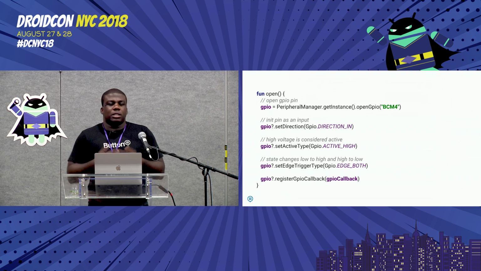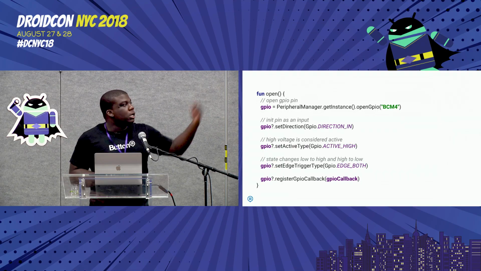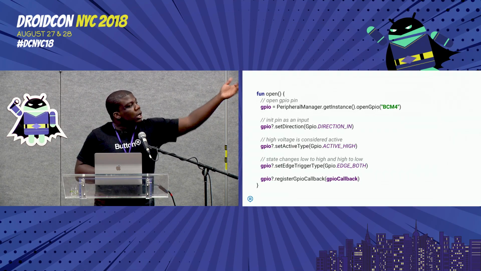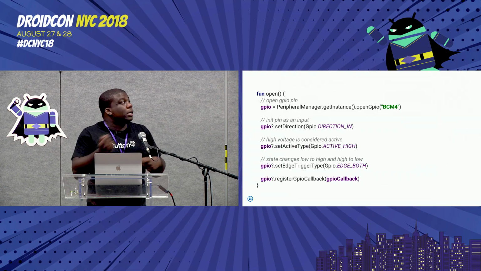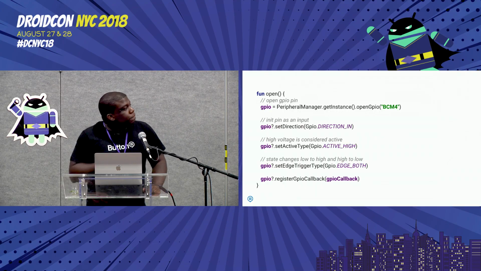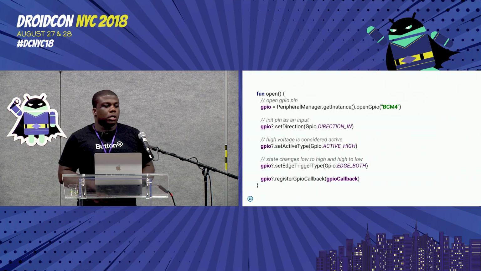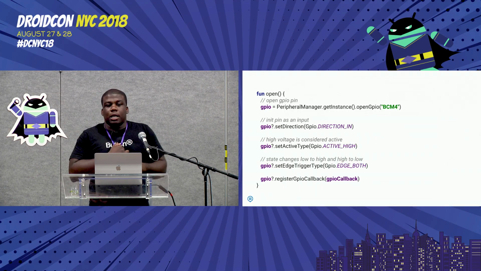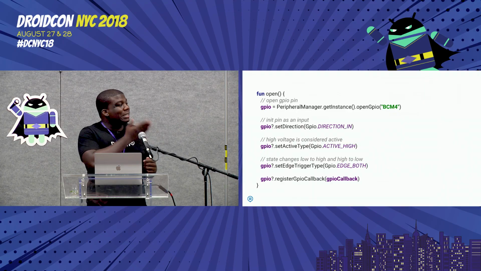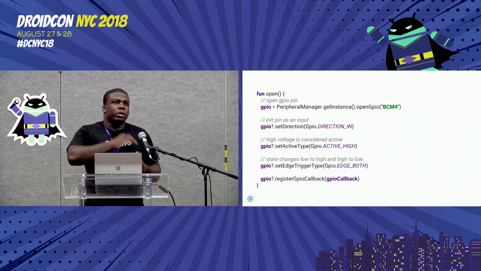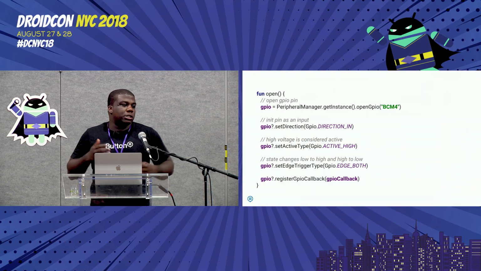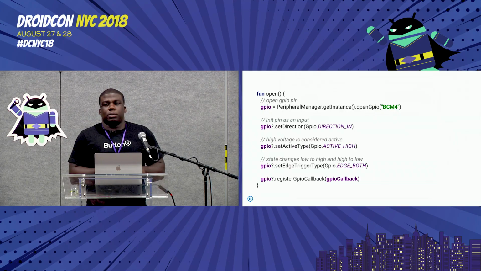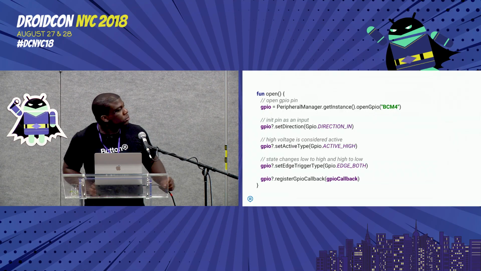Then you have to set it up, whether it's an input or an output. In this case, since it's a motion sensor, it's an input, and you have to set the active type. For this specific motion sensor, when the voltage is high, that's when it's considered active, and that's when it's considered that it detected motion.